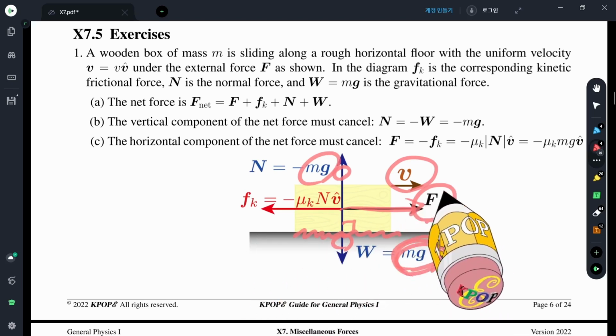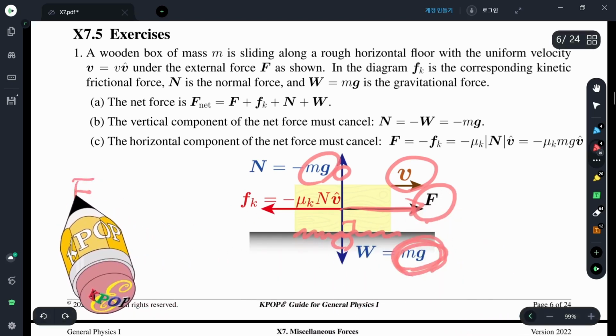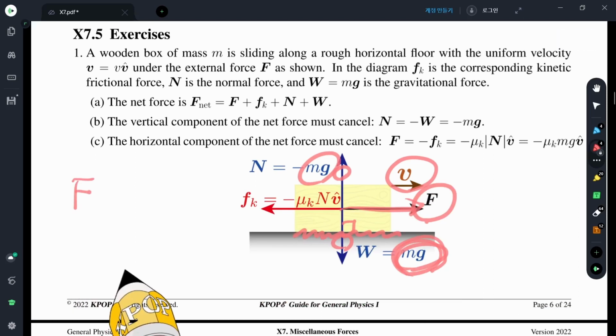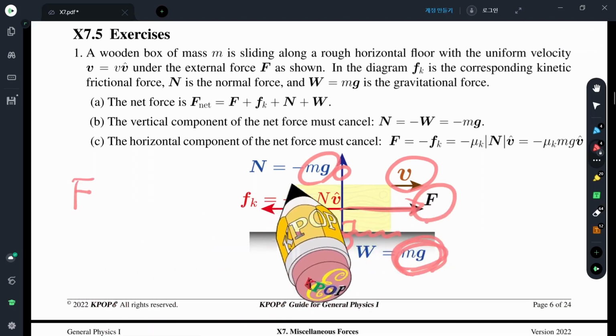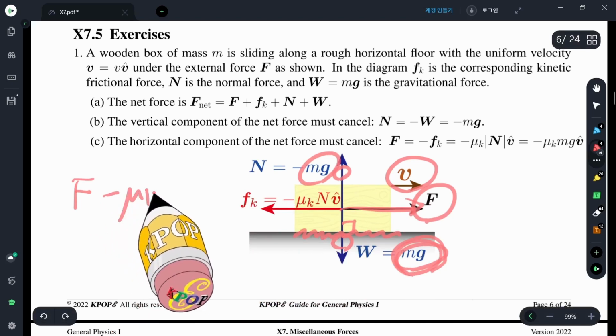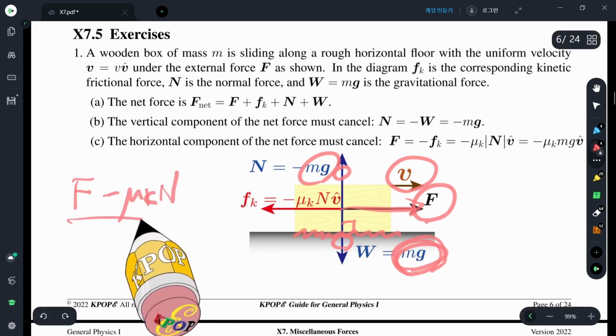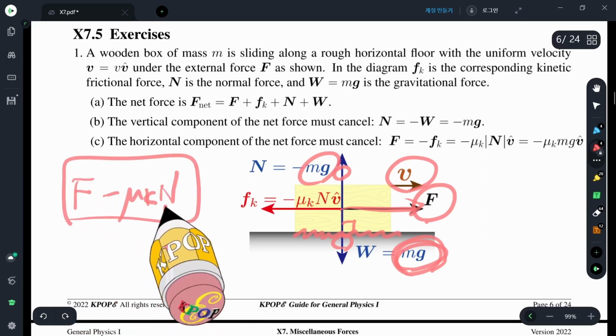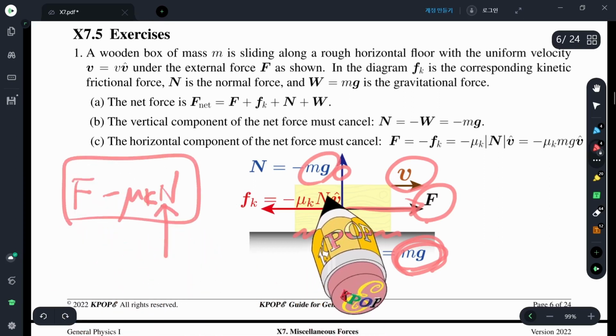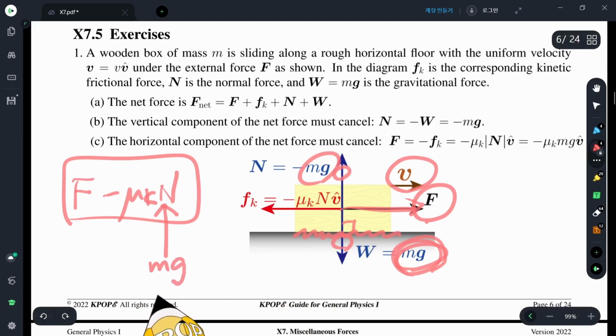Some part of this external force is cancelled by the kinetic frictional force. The kinetic friction force magnitude is determined by the normal force.